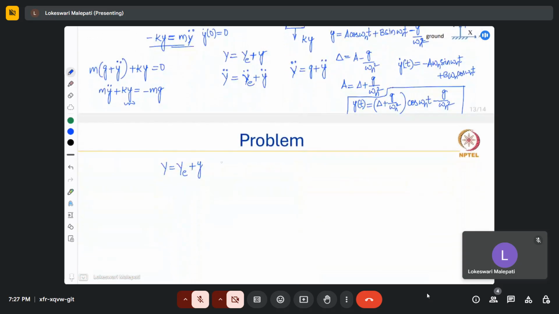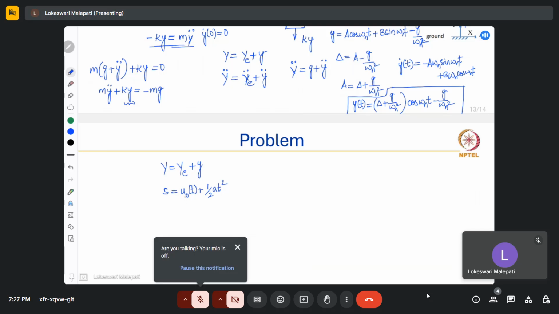So for this we can use the kinematics equation. So what is this kinematics equation? We know from basic kinematics that displacement is equal to u naught t plus half a t square. In this, u naught is 0, the initial velocity is 0, and the acceleration is given as g. So the displacement of this elevator at any time t with respect to the ground would be equal to half g t square.